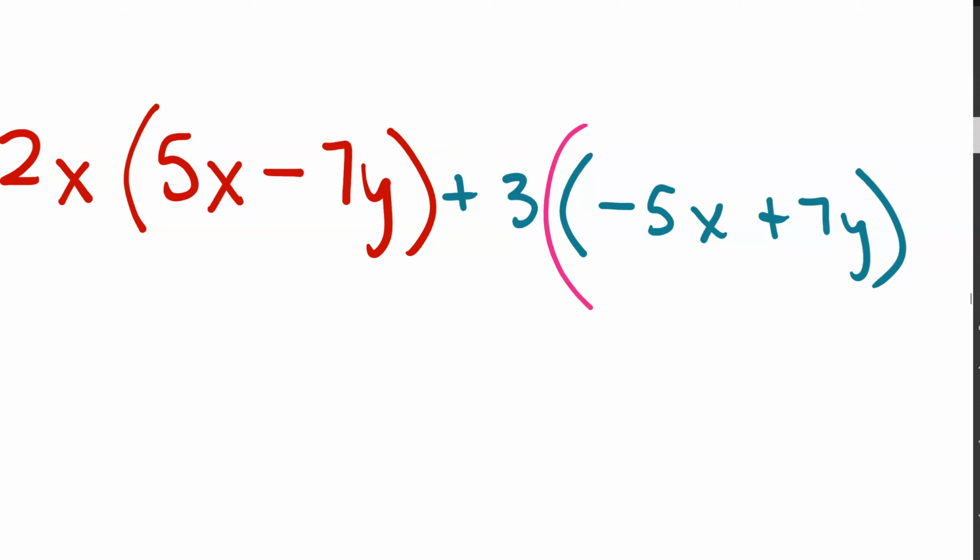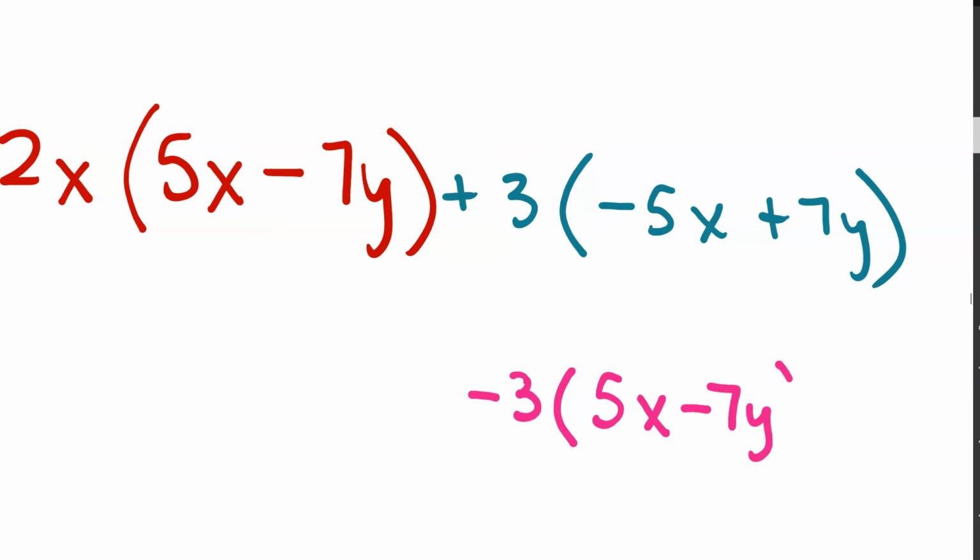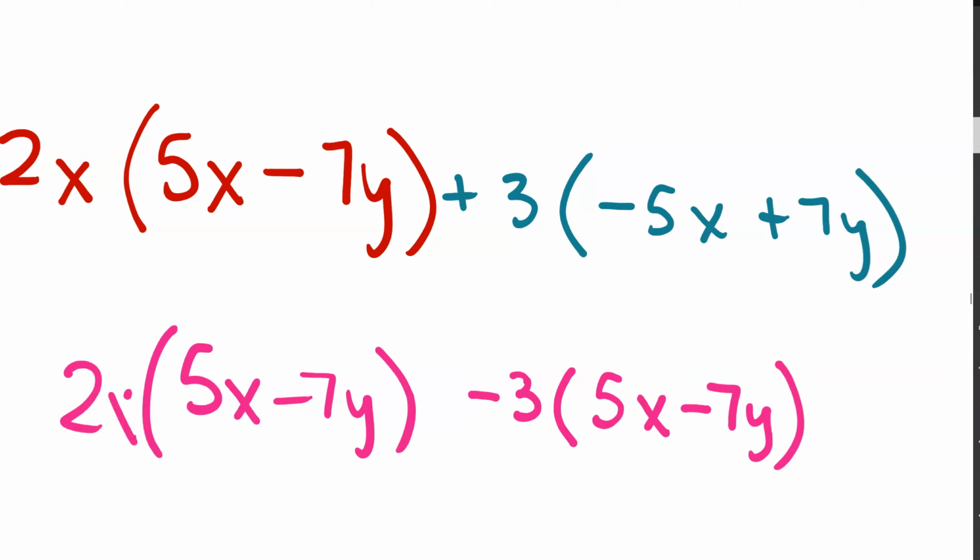If I pull out a negative 1, so that it's negative 3 instead, it flips this to 5x minus 7y. So if I pull out a negative 1, it changes all these signs. What's negative 1 times 3? Negative 3. Now they match because my factors were exactly opposite. I needed it to match exactly. So to match exactly, I had to pull out a negative 1.